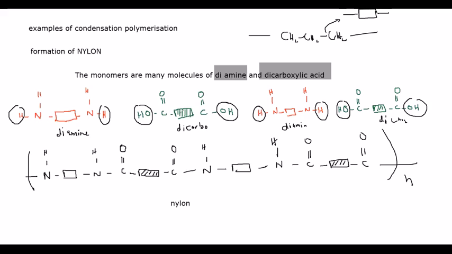Then C double bonded with O, this box is there, C double bonded with O, H and OH being removed. If I remove this H and OH, there will be a bond between carbon and nitrogen. And this link, C double bonded with O and N, is called amide linkage or peptide linkage. Amide bond or amide linkage, or you can also say peptide linkage.